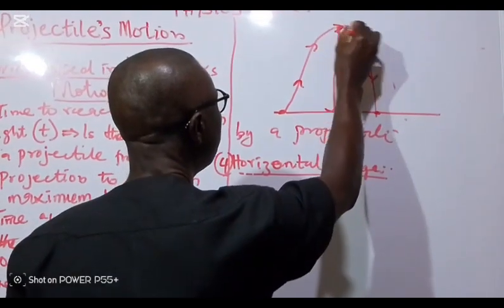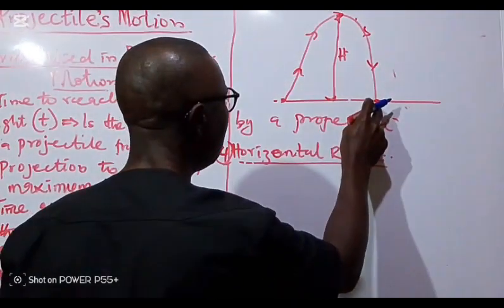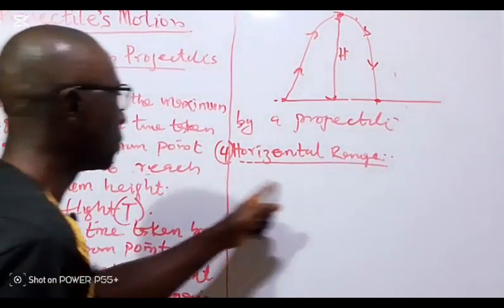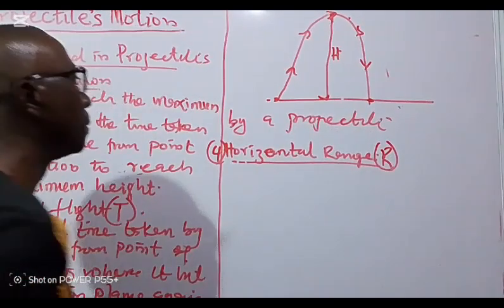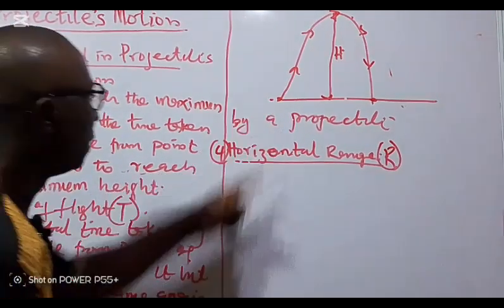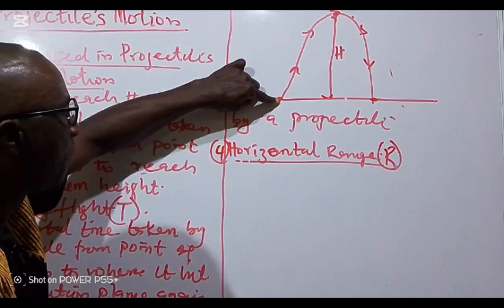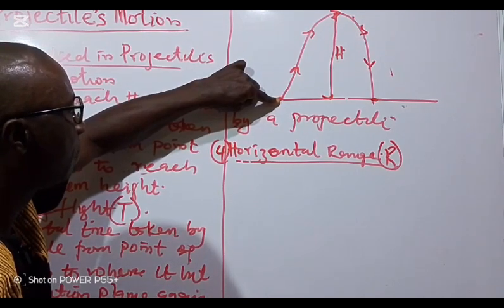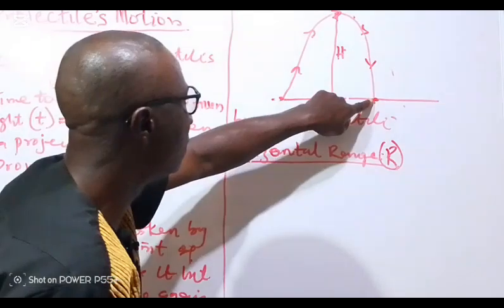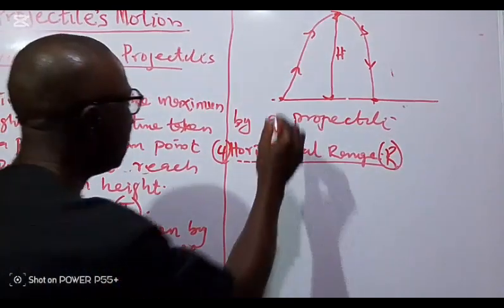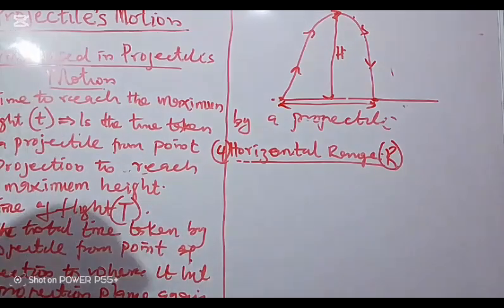The horizontal range is denoted by capital R. It is the horizontal distance covered by a projectile from point of projection to where it hits the projection plane again. That horizontal distance from here to here is what we call horizontal range.